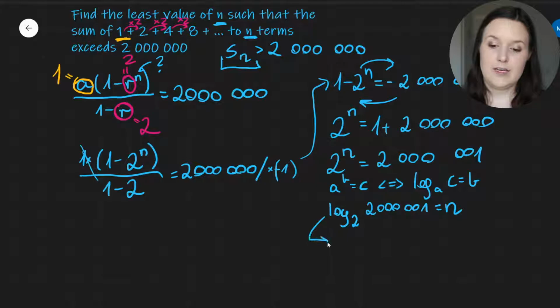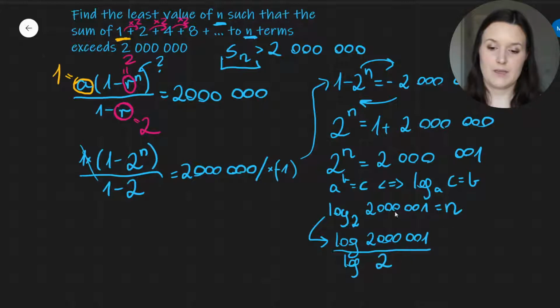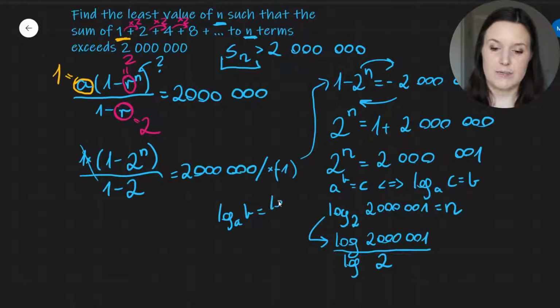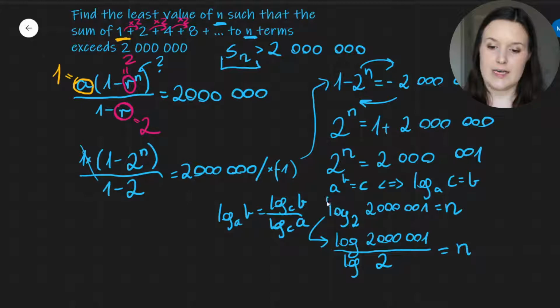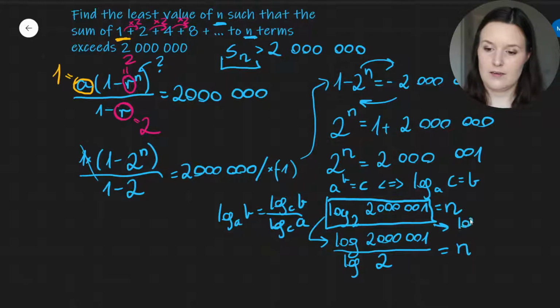But if you cannot type it in your calculator, you just use this trick. Right? So this is the change of base formula, which you learned in the chapter on logarithms. Okay, but we can also just type this in the calculator using the button log AB.